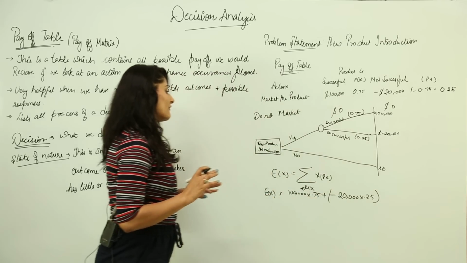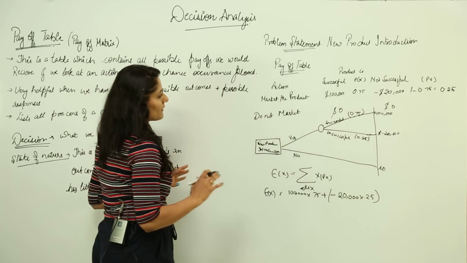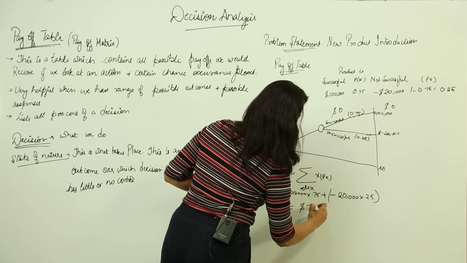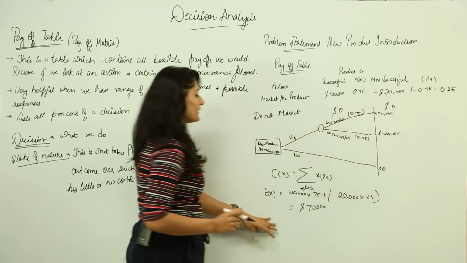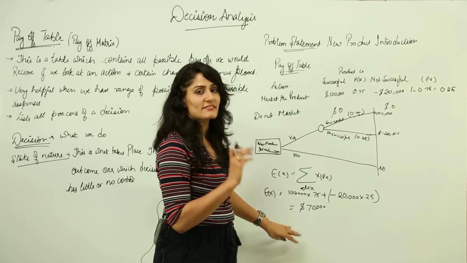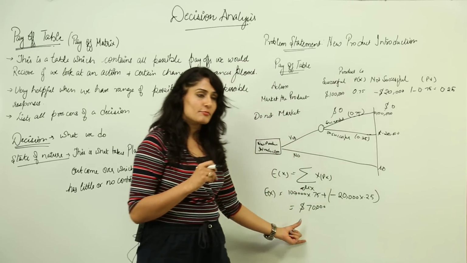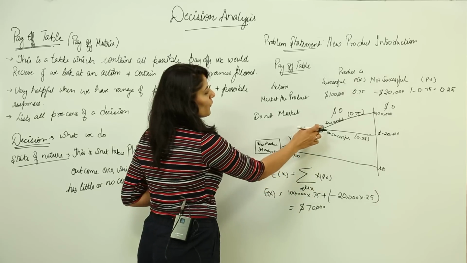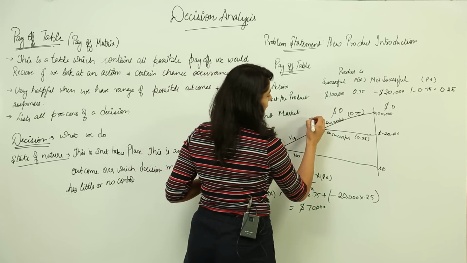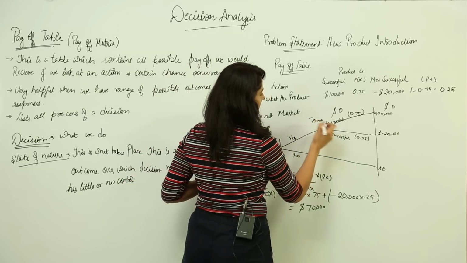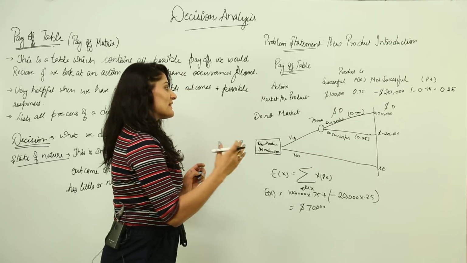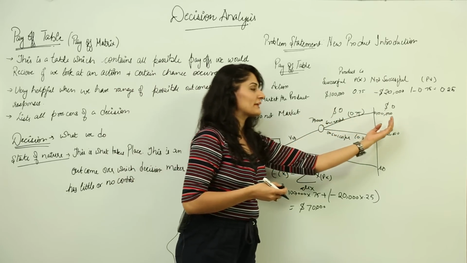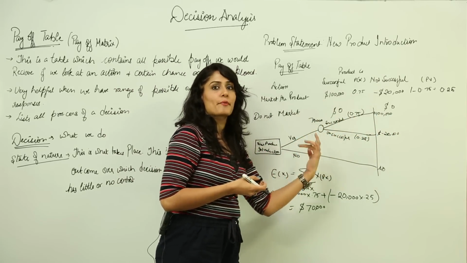So if I calculate it, it would be around $70,000. Right. So now this is my utility. This is my utility of taking this action, and I am going to place this utility over my chance node. So I am going to put it around here. Right. So what I have done is I have just folded back, I have come from the expected value, that is from future towards present.